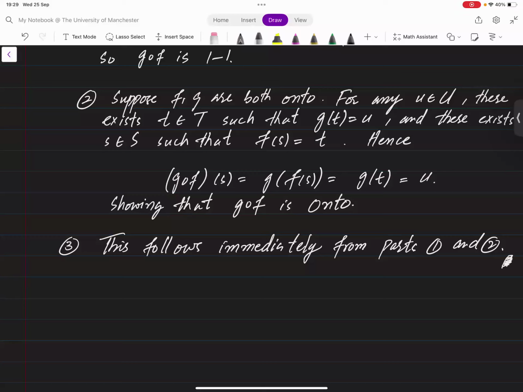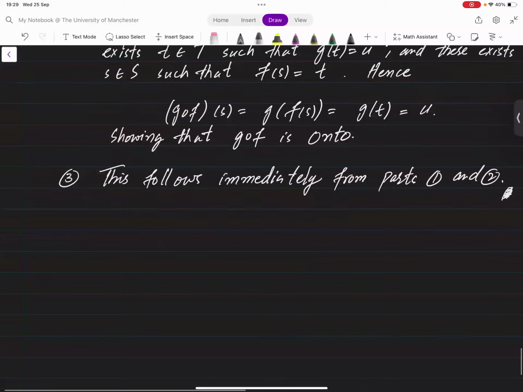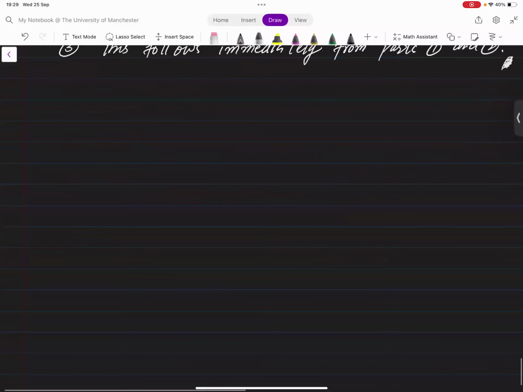Now we will give the last kind of thing in this chapter, and that is something about counting functions.